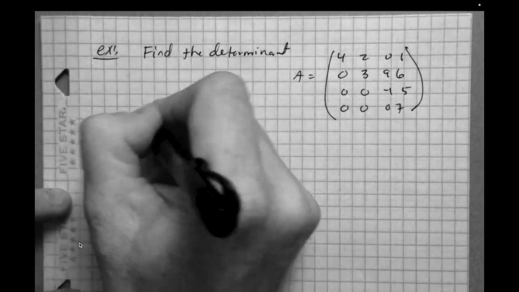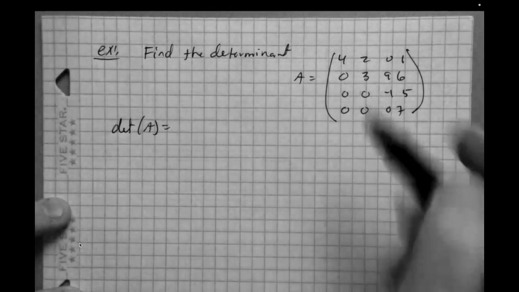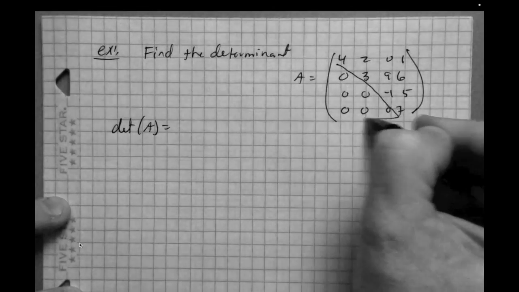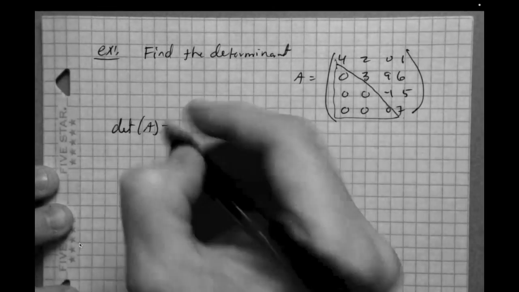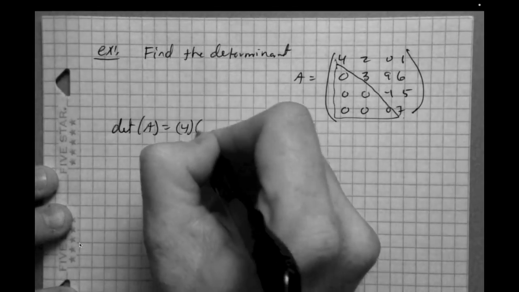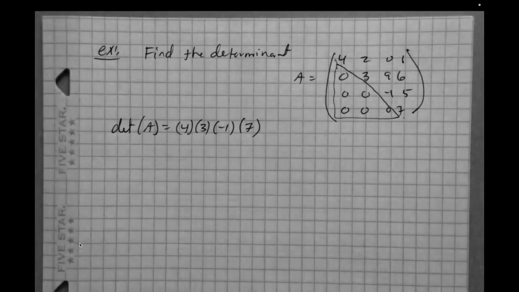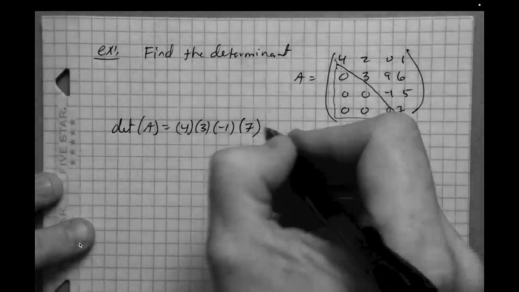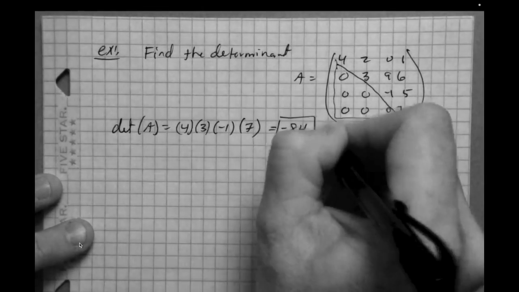Well, the determinant of A in this case is just the product. Notice it's upper triangular. That's the key, obviously. Upper triangular matrix, so we can multiply the diagonal entries. So 4 times 3 times −1 times 7. That's going to be 12 times 7 times −1, so it equals −84.